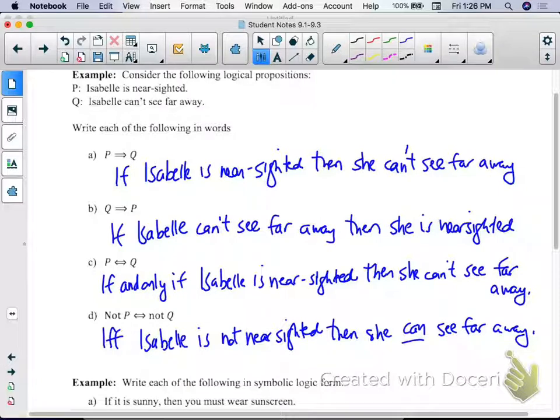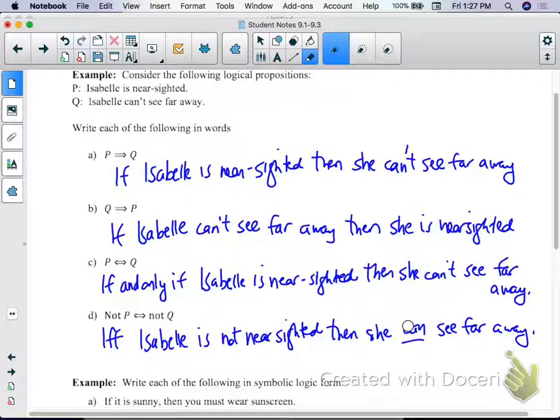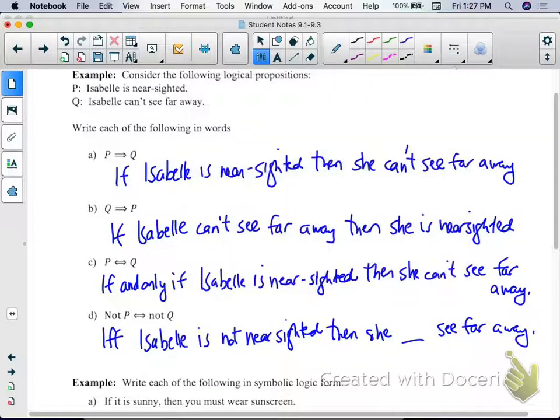Now, you don't need to underline the word can, but I'm just trying to emphasize the fact that we have to make it opposite. So if it was can't, now it has to be can. And sorry, I'm running out of time here for my video, and I know this handwriting is horrible. Let me try that again there. Okay.